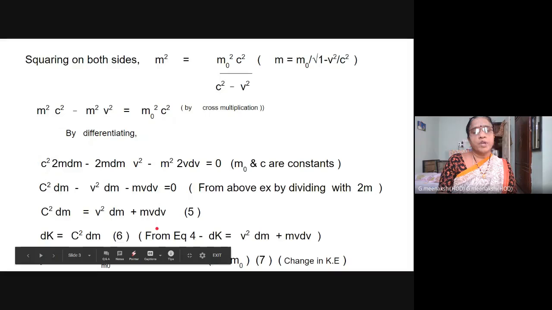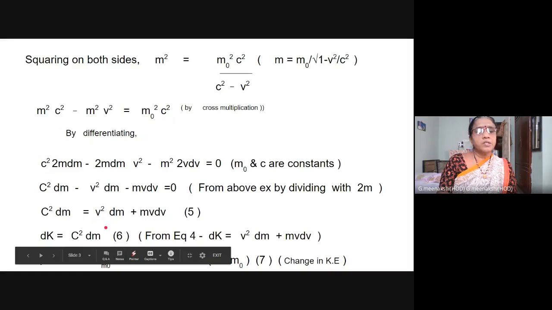Now from the previous equation 4, v squared dm plus m v dv is also equal to the increase in kinetic energy value, that is the work done value, which is equal to the increase in kinetic energy. What is the rise in kinetic energy is also given by v squared dm plus m v dv from equation 4. So in this place we can write dK.